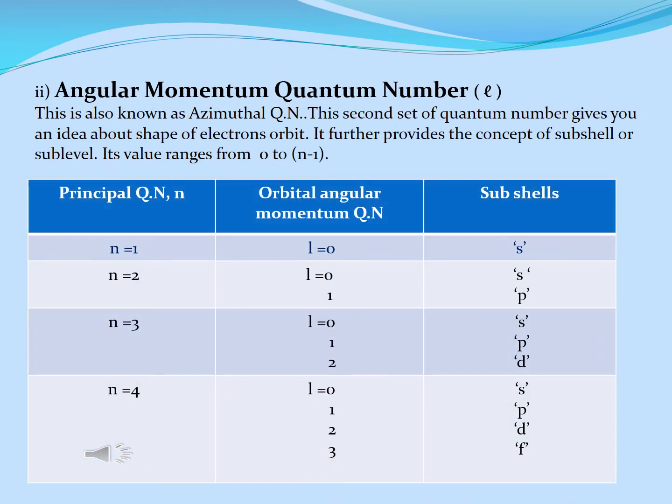The second quantum number gives you an idea about the subcell or sublevel in which one or more orbitals are present. This also gives an idea about the shape of the electron's orbit.